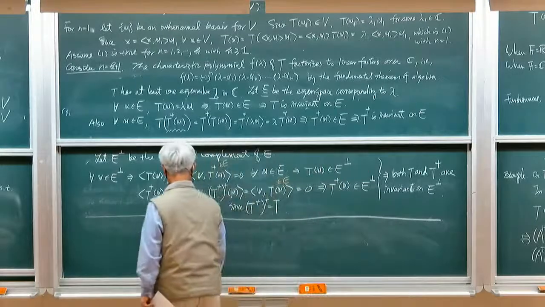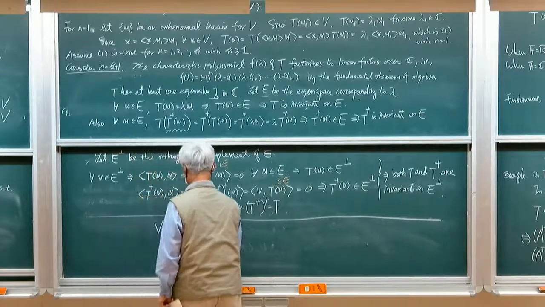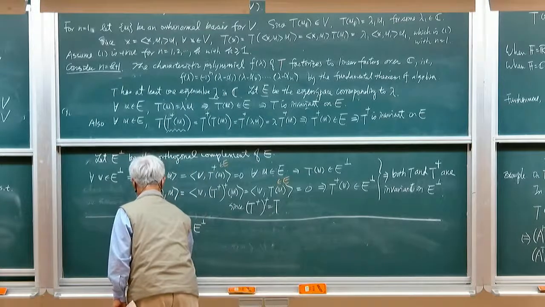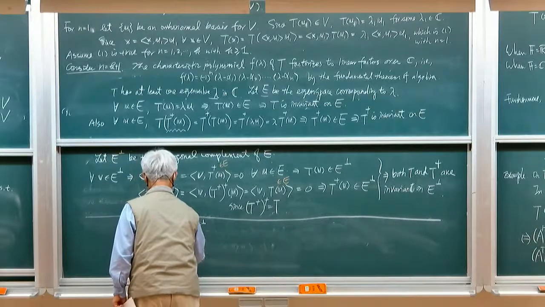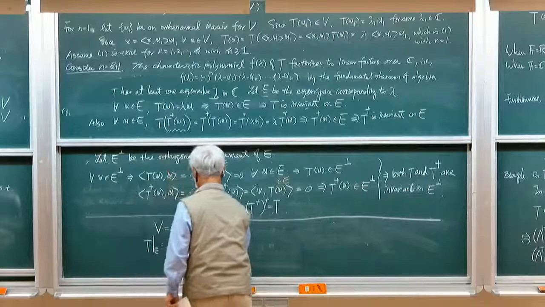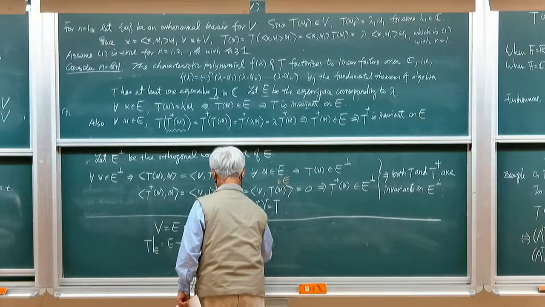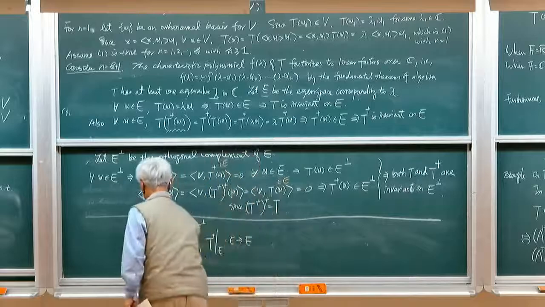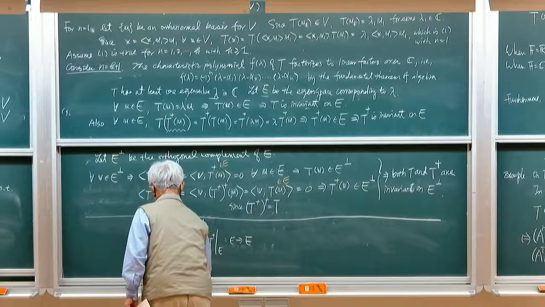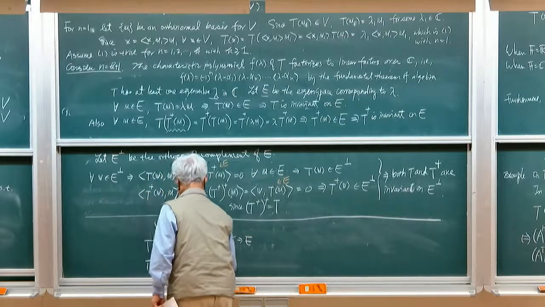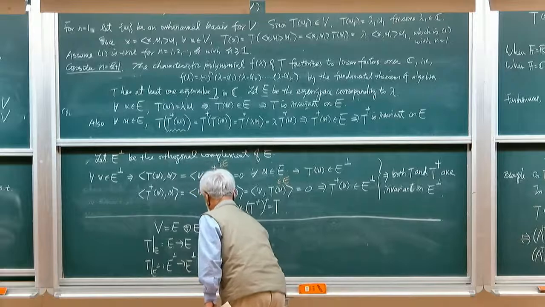And we know that T restricted to E is from E to E, T dagger restricted to E is from E to E, and T restricted to E perp is from E perp to E perp, and likewise T dagger.